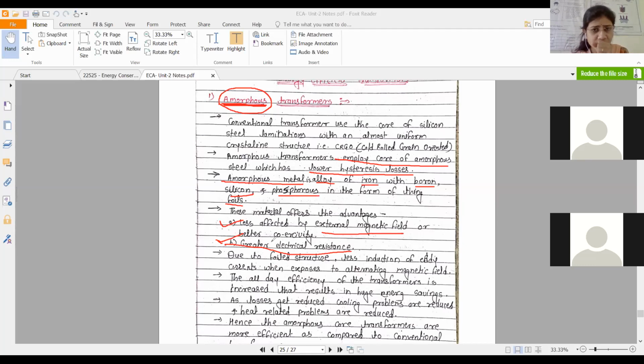Okay, so because of these advantages we can utilize the amorphous material in the transformer.